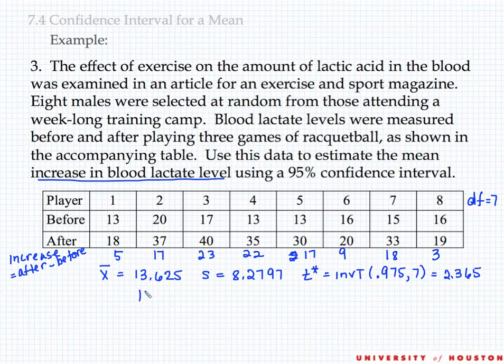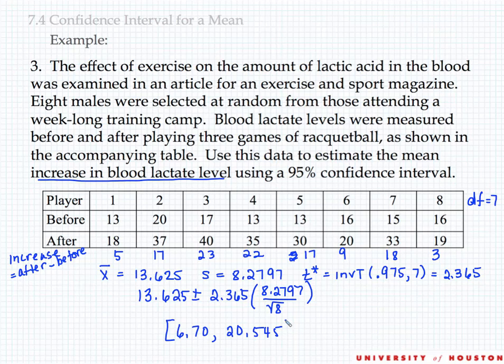So my confidence interval will be 13.625 plus or minus 2.365 times our s divided by the square root of n, which is 8. This will give us the confidence interval of 6.70 to 20.545.